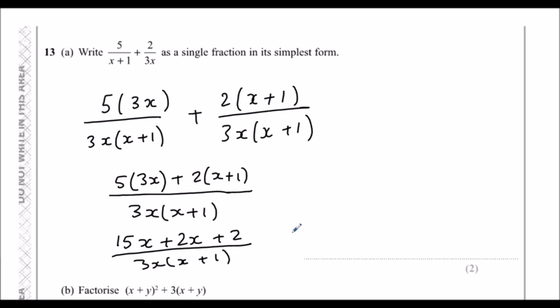Now, simplifying the top line, 15x and 2x makes 17x, so I've got 17x plus 2 on the top, and on the bottom I can leave this as it is, as factorized. If you wanted to expand it, that would be absolutely fine. It would be 3x squared plus 3x.